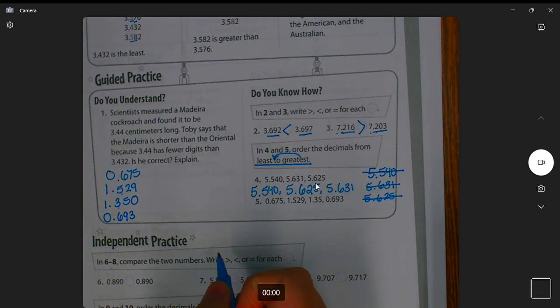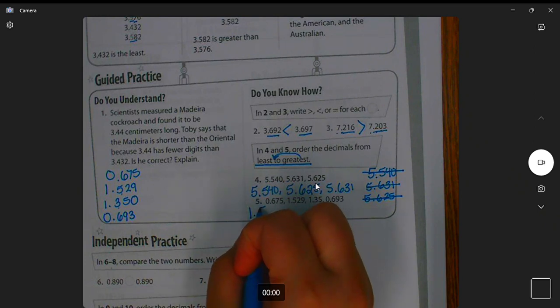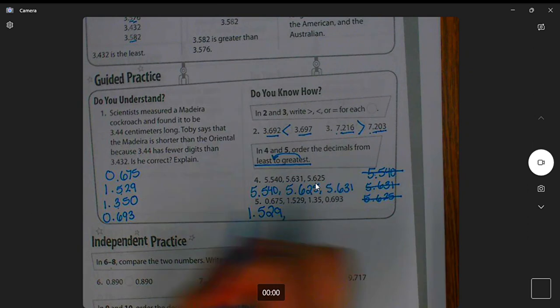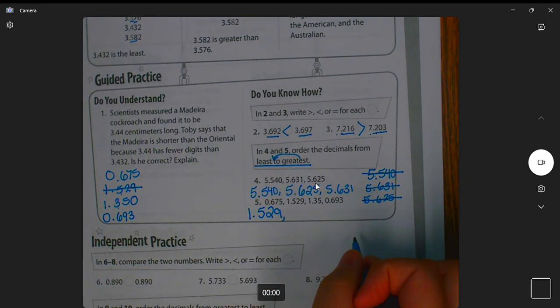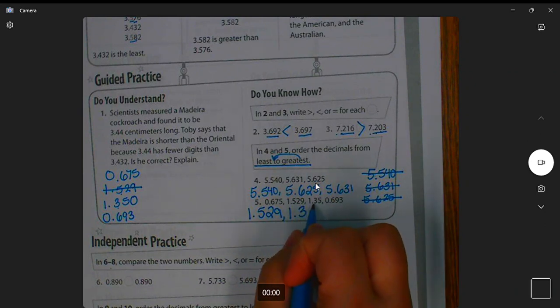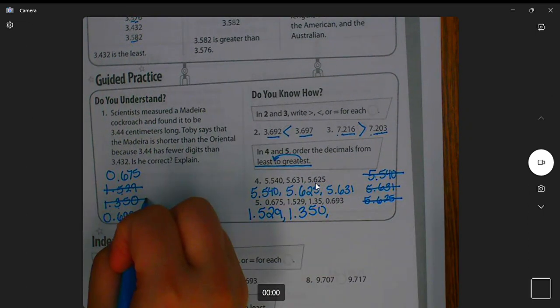Which one is greater? Yeah. 1 and 529 thousandths. Okay? I'll mark that off my list. What's the next biggest number? Yes. 1 and 350 thousandths. Mark it off.